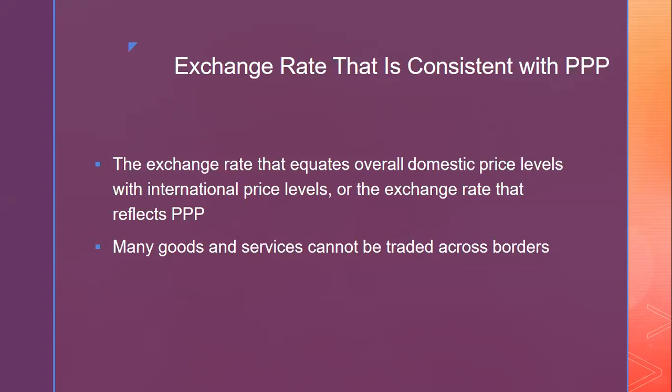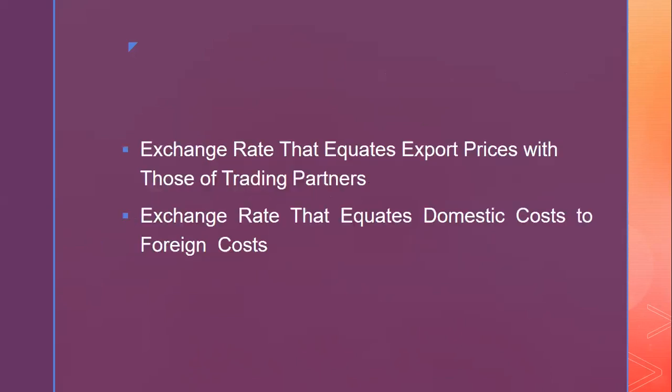Purchasing power parity theory suggests if there is a difference between the exchange rate and the purchasing power parity exchange rate, these arbitrage activities might make the equilibrium, might make the purchasing power parity exchange rate and the market exchange rate equal. But in reality, such arbitrage activities might not be practical. So these limitations are there with this definition as well.